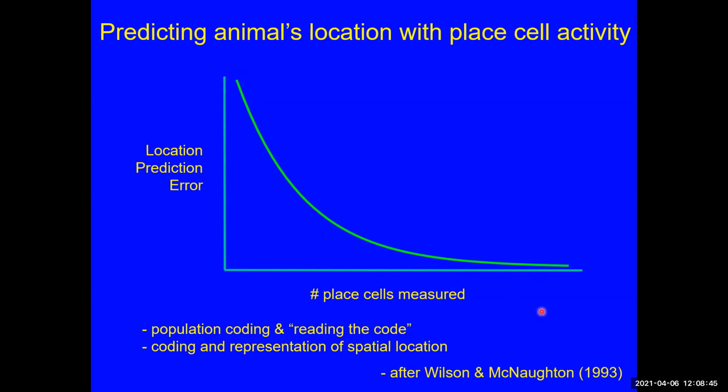So that's called the population code. Another way of stating that is that information about where the rat is in space is distributed amongst a group of cells. It's not localized to only one cell. And then if other parts of the brain that use this spatial signal, which they do, can read out this code, then they can have a very fine-grained idea of where the rat is in the world.